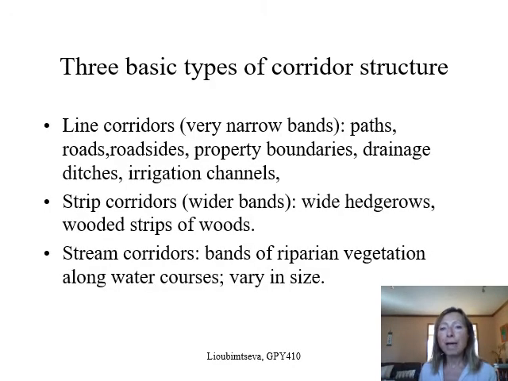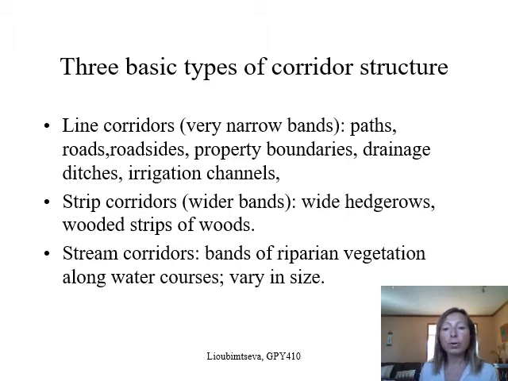There are three basic types of corridors based on their structure. Their size and scale can vary tremendously depending on the scale of our landscape observations, but at any scale, we can identify these three basic structures: lines, strips, and streams.